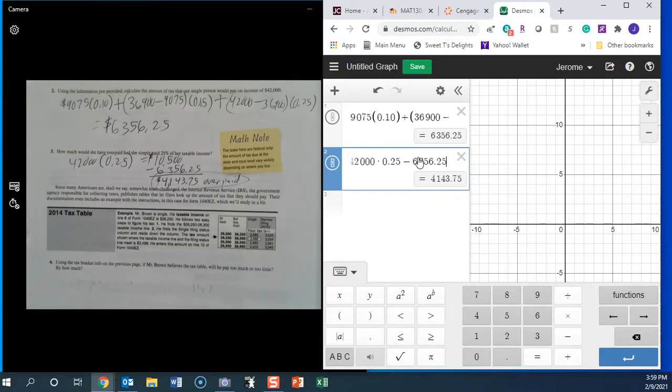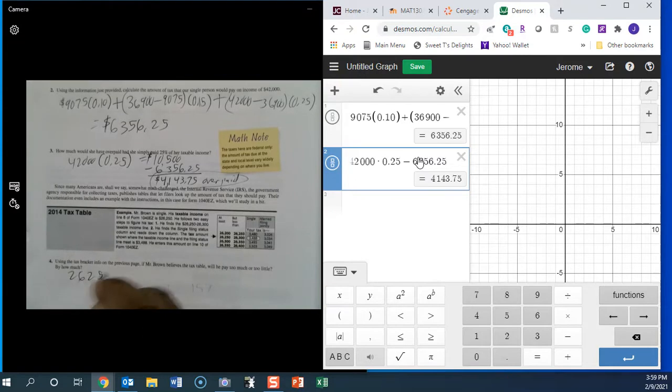Okay, Mr. Brown is single. His taxable income on line 6 on Form 1040EZ is $26,250. Let's just write that down. He follows 2 easy steps to figure his tax. He finds the 26,250 to 26,300, which is here. He finds the single filing status column and reads down the column.